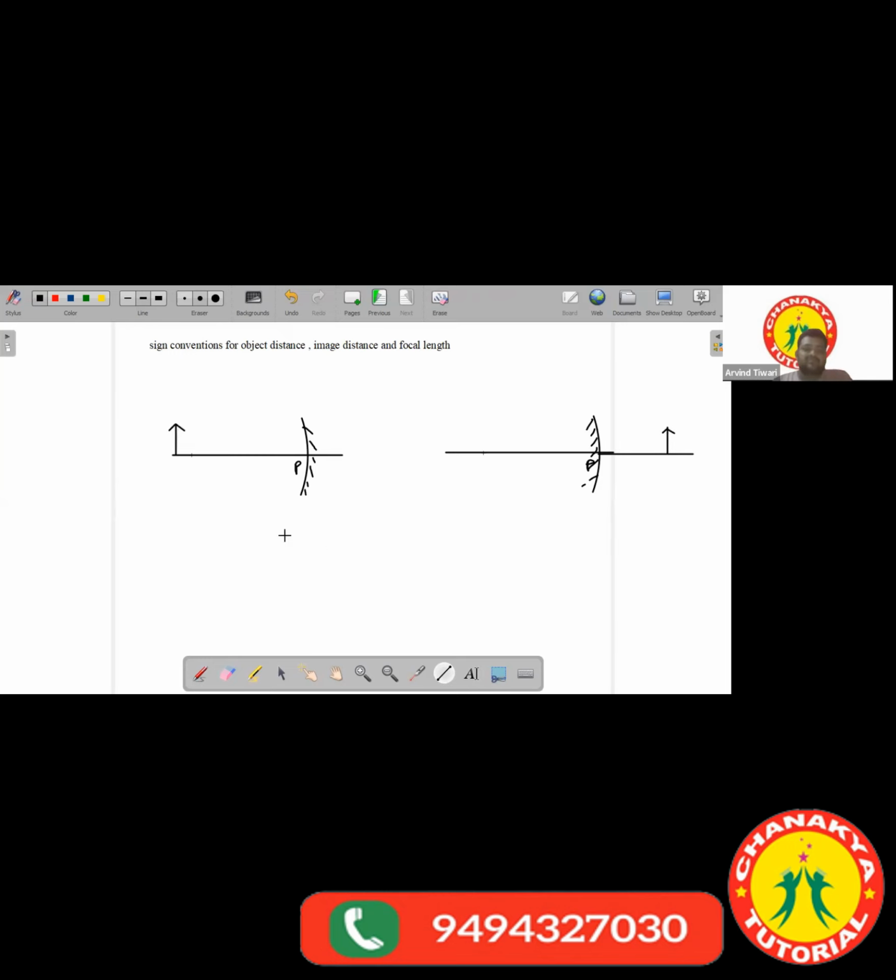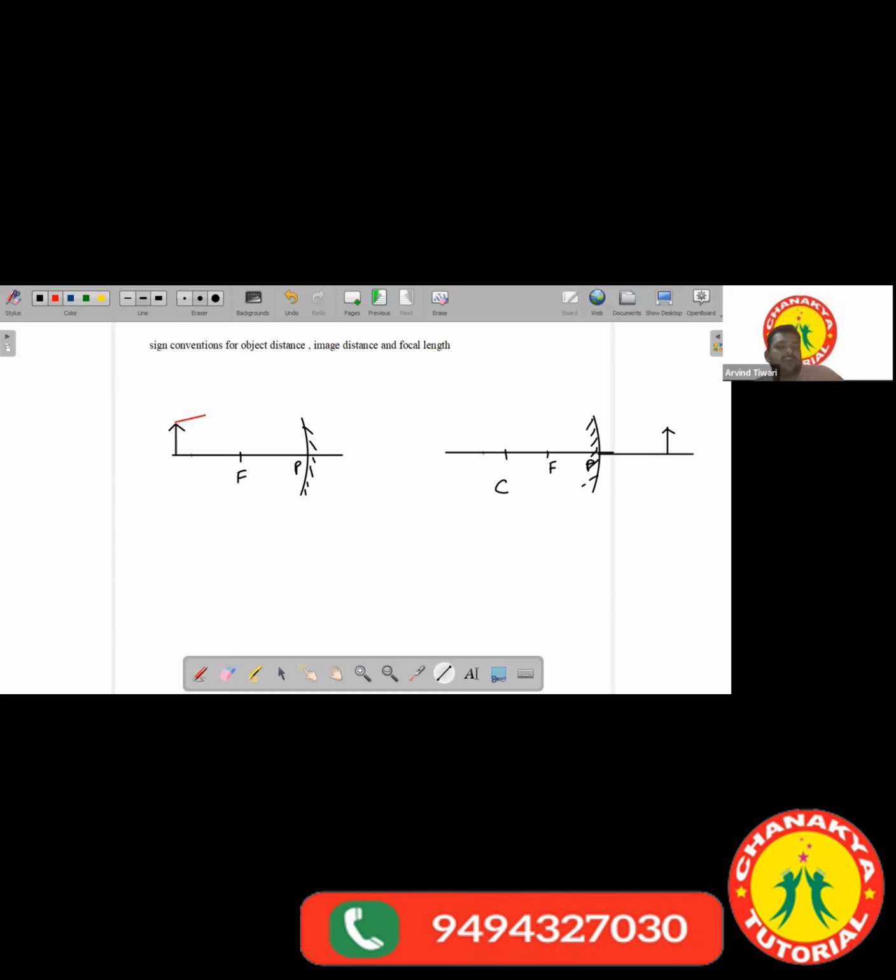Now, as we know, all the measurements are to be made from the principal axis, and the direction of incident light is taken to be positive. So let's say this is the incident light, this is the object.